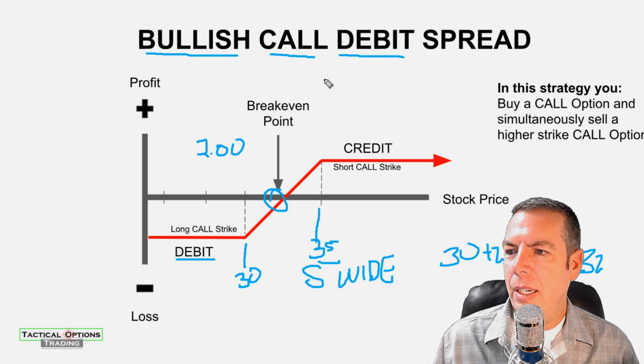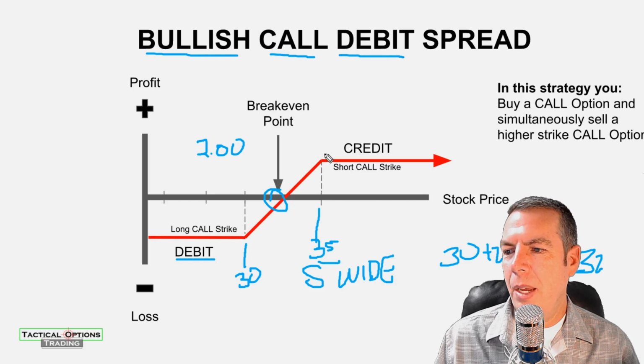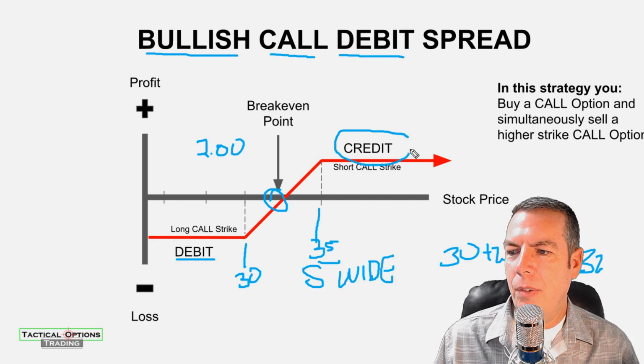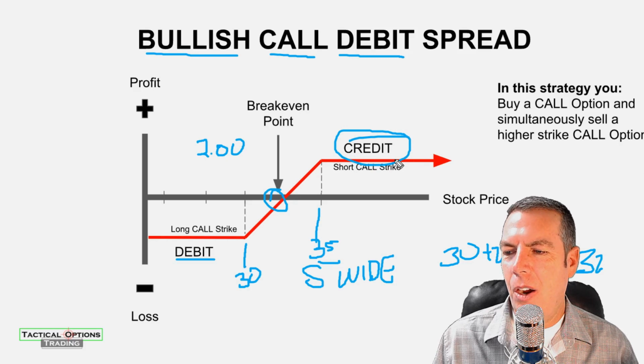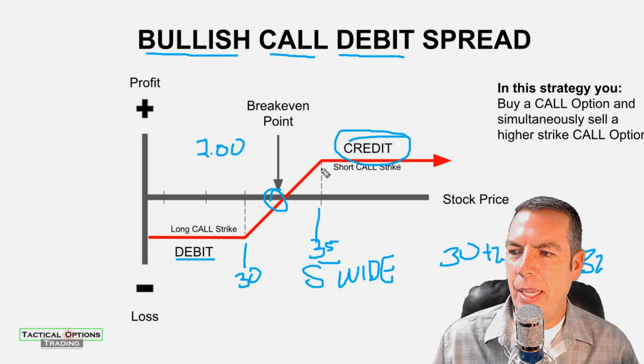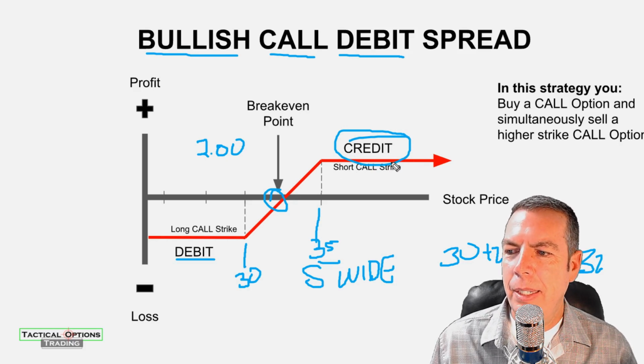Now on a debit spread, we're capped on the upside of our potential. You remember that on just a regular call option, we had the opportunity for unlimited upside potential. But in this case, since we sold a higher call option, that is capping our profit to the upside, because as the call moves up, this short call position is losing money.